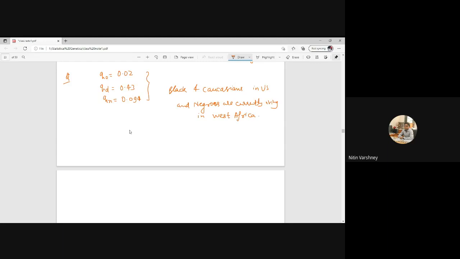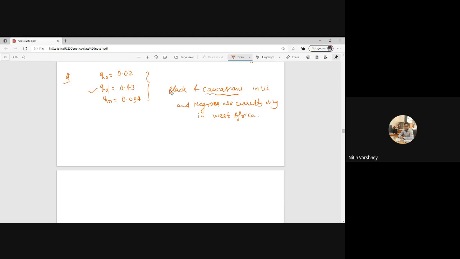So the US Caucasians' frequency is given as 0.43, that is after migration. It is a very lengthy statement of the question.